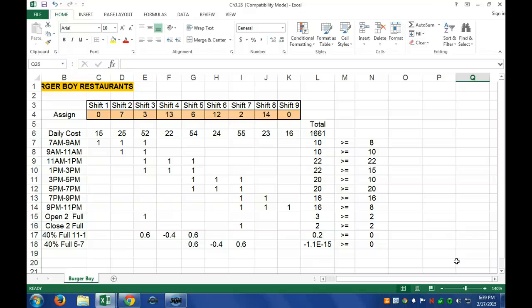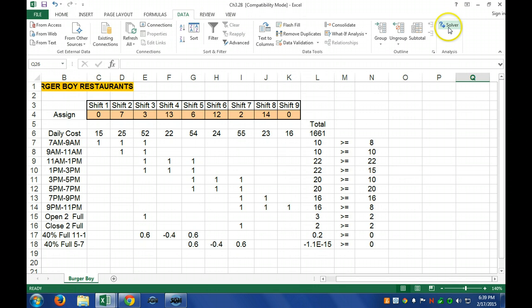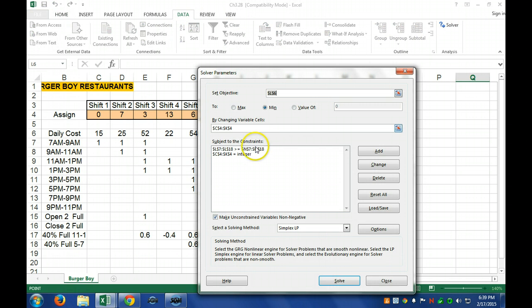Okay. So if I look at this Solver-wise, everything's pretty much the same as we've been doing it, but the difference is that we have to set a constraint that says all our decision variables are integers. And it's in the drop-down, instead of saying bin for binary, I need to say int for integer.